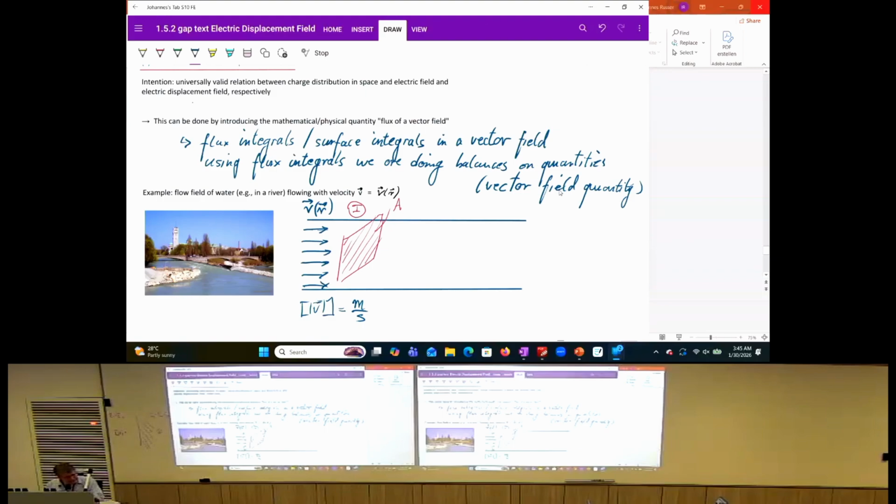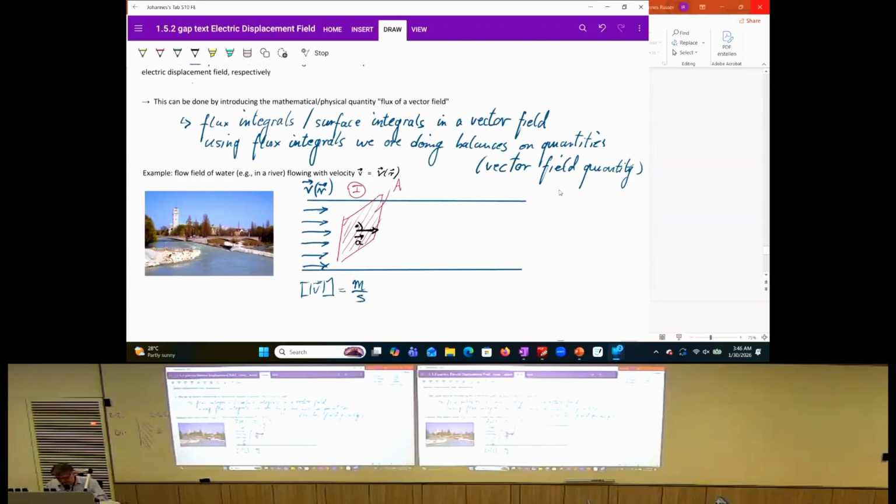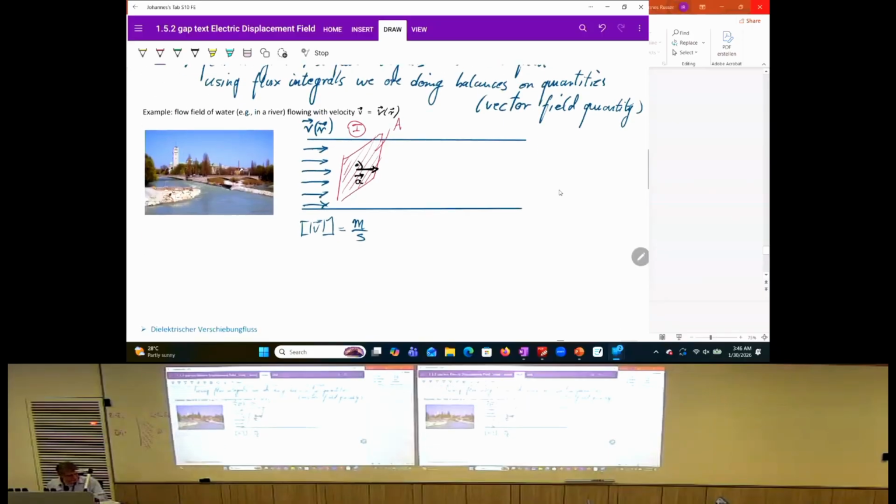In this case, this surface element is also aligned such that it is perpendicular to the direction of that flow of water. That means if you look at the normal component to the surface element, then this is also perfectly aligned with the vectors in the field here. You can have a second scenario, but let's first look at the first one.